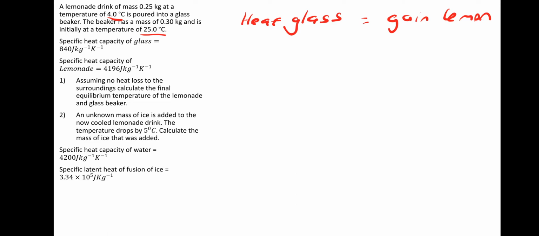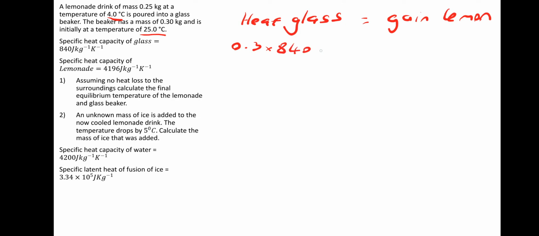So we're going to use the specific heat capacity equation, so it's mc times change in temperature. The mass for the glass is 0.3, multiplied by the specific heat capacity, 840.